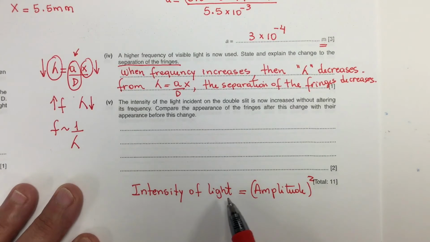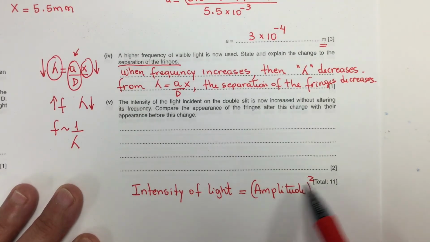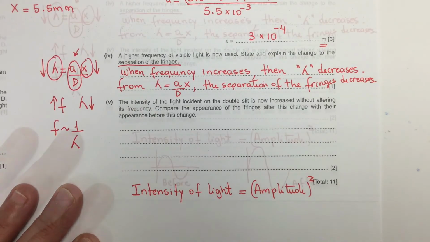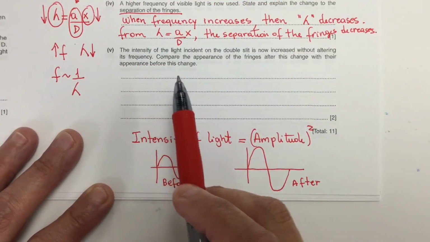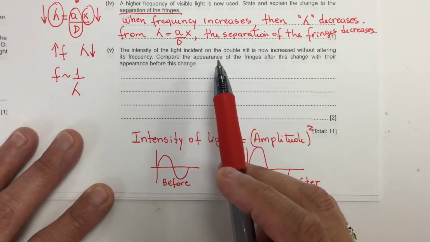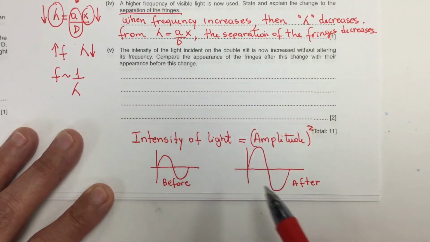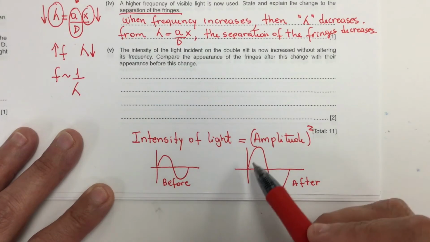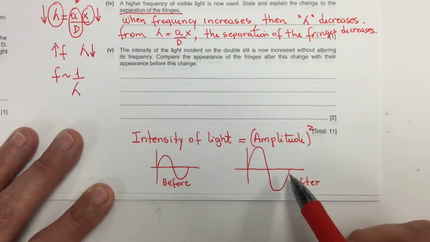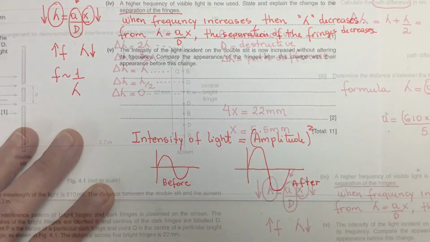The intensity of light is proportional to the amplitude of the wave squared, which means that if the light intensity increased, the amplitude has increased.